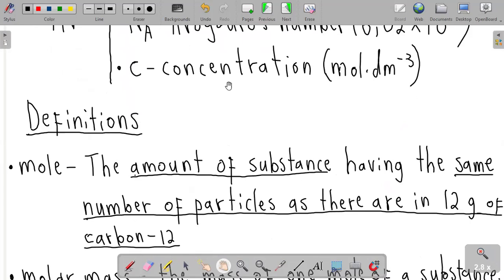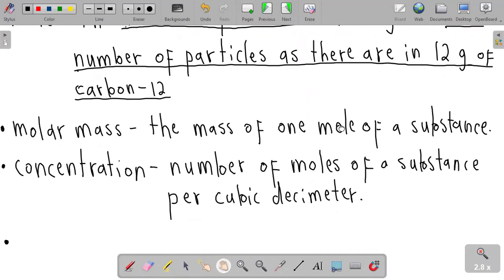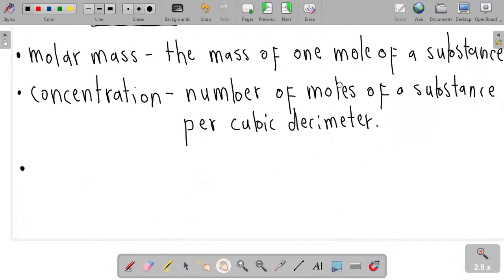The SI unit for concentration is mole per cubic decimeter. But when you define it, you can also use a liter. You can say per liter instead of per cubic decimeter if it makes things easier for you.